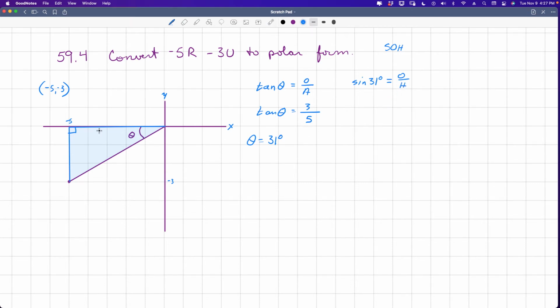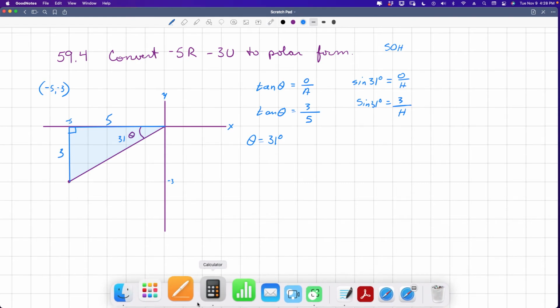And the opposite, like here's our 31 now, the opposite is 3, and the adjacent is 5. So the sine of 31 degrees is equal to 3 over the hypotenuse. We don't know what the hypotenuse is.